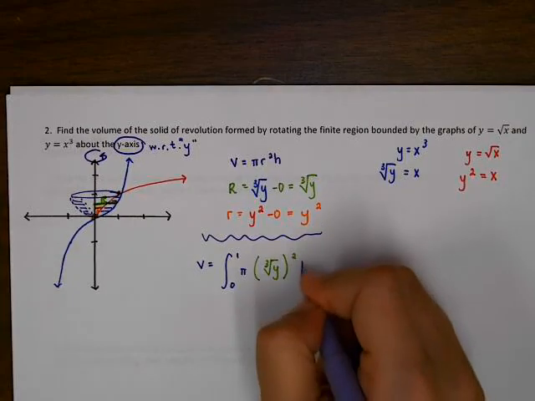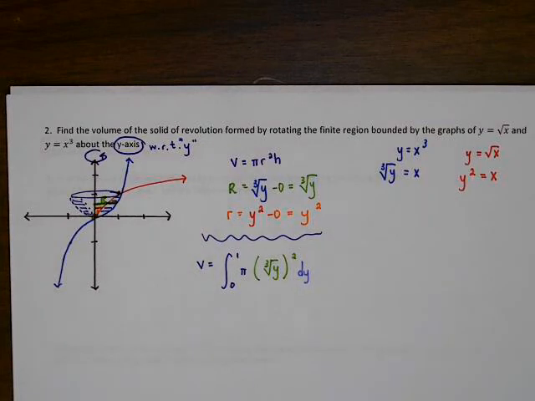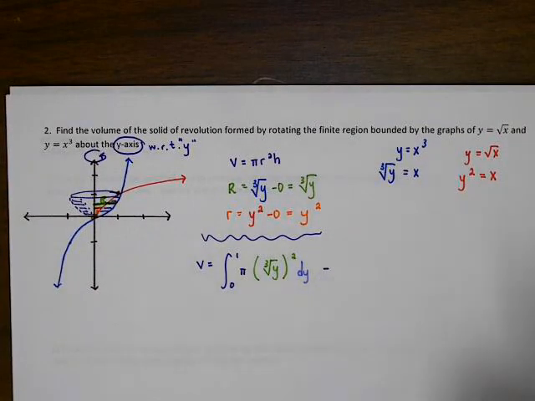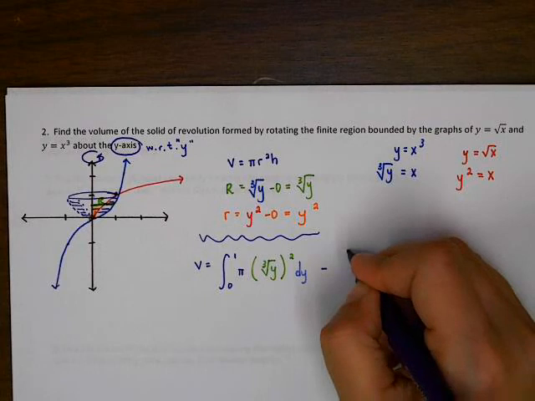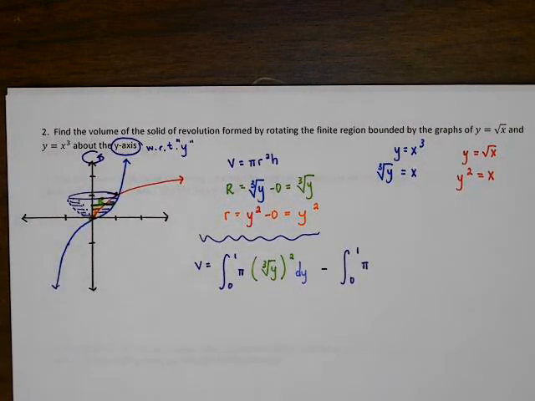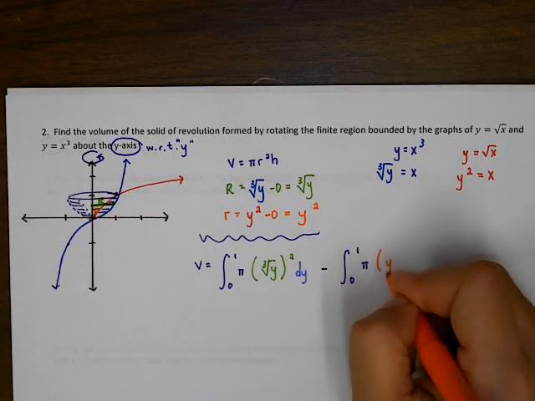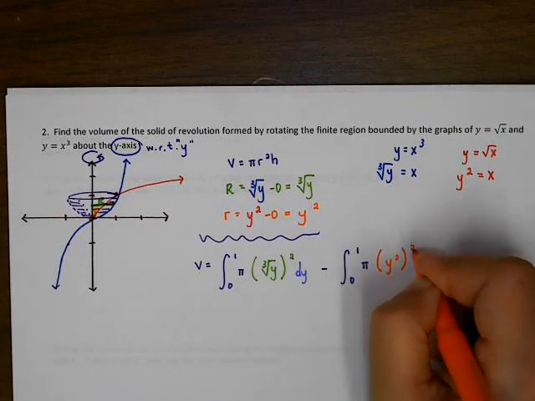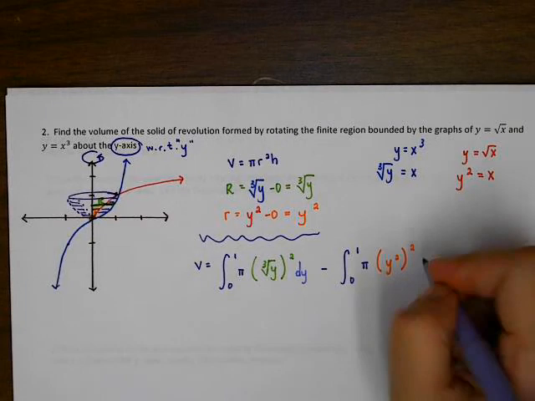And we're going to use dy because all of my cylinders would have a little tiny height in the y direction, minus the integral from 0 to 1 of pi times little r squared, which would be y squared squared dy.